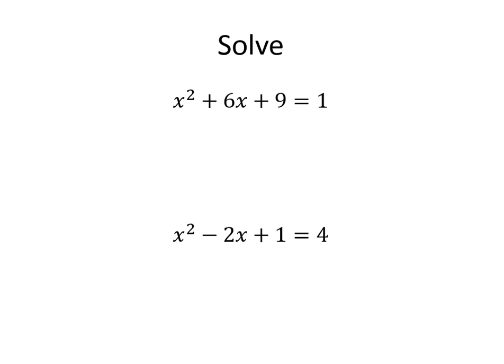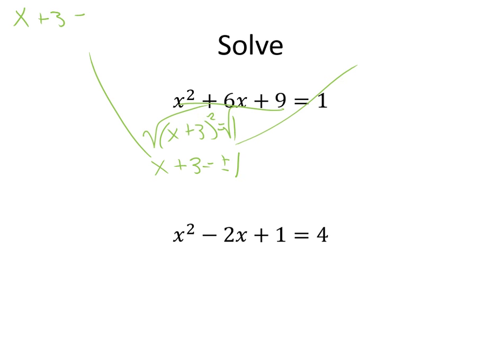Alright, so now let's say we want to solve these. This is what we saw on the last slide, and we can change that to x plus 3 squared equals 1. To get rid of the squared, we square root both sides, getting x plus 3 is equal to plus or minus 1, which now gives us two equations: x plus 3 equals a positive 1, and x plus 3 equals a negative 1.